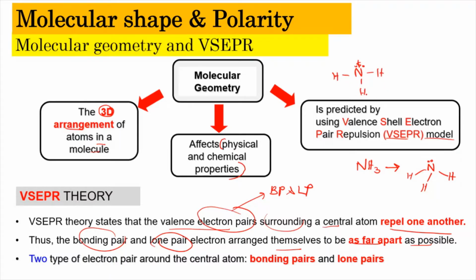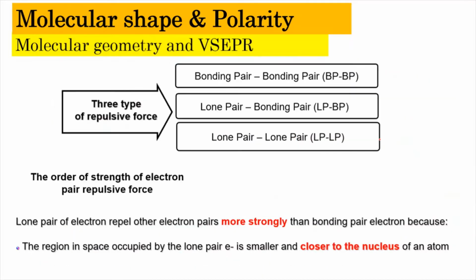But in reality, the shape that it's going to produce is something like this, in which they are trying to minimize the repulsion between the lone pair and the bonding pair, and between one bonding pair and another bonding pair, because electrons and electrons are going to repel one another. So they are trying to minimize the repulsion. This is the correct way of drawing the Lewis structure based on the VSEPR. We're going to look into more examples after this.